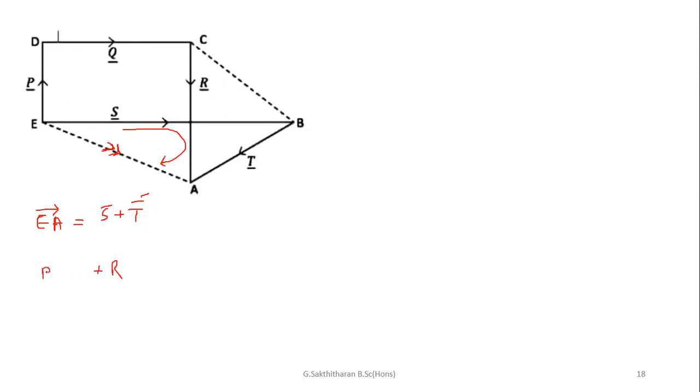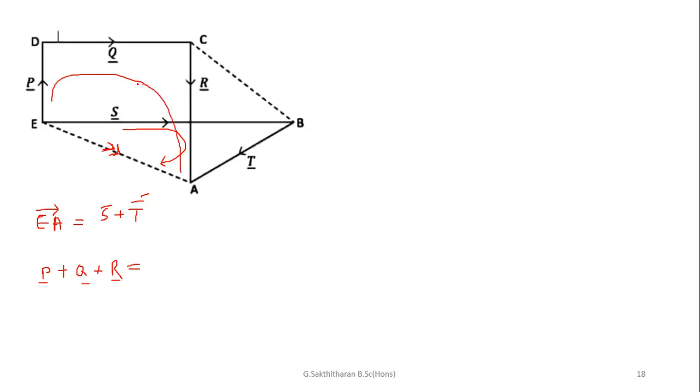Vector P, vector Q, and vector R have this starting point and this ending point.